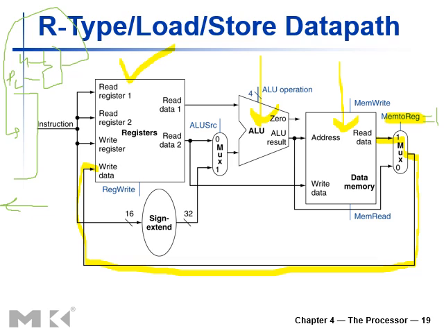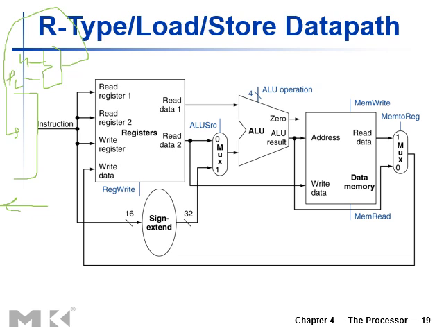Similarly, this multiplexer is used to select which operand should be moved to the ALU. In case of loads and stores, we have to move the offset, which is part of the machine code, to the ALU in order to compute the physical address.